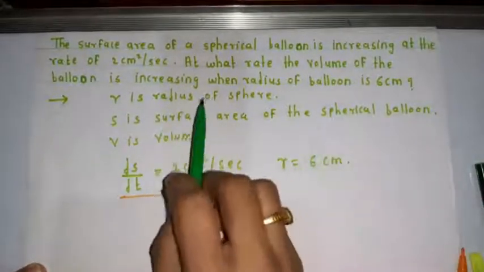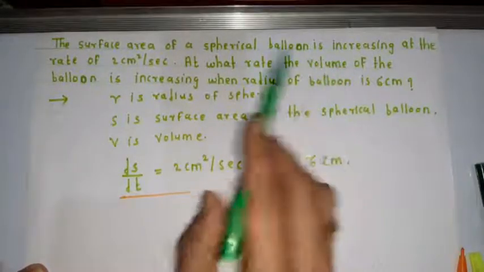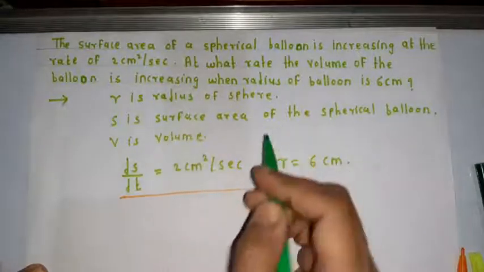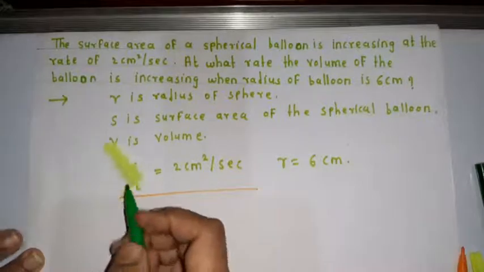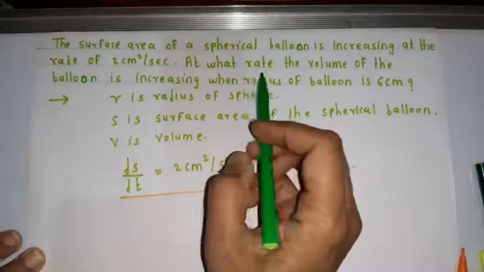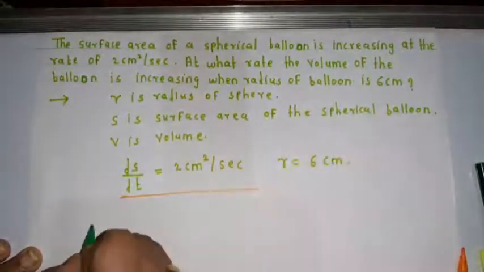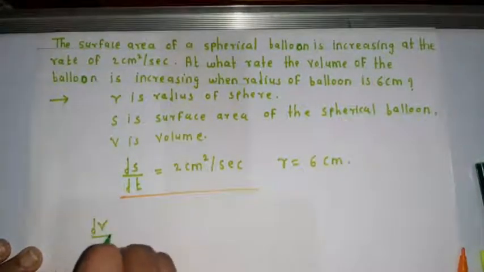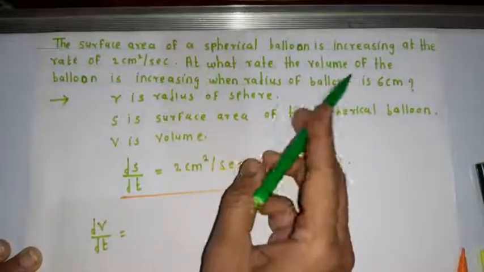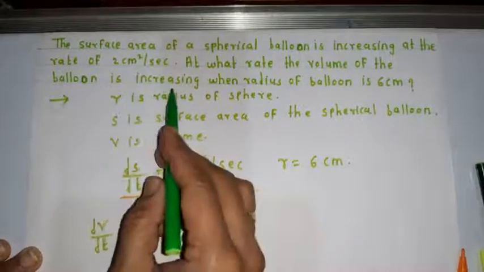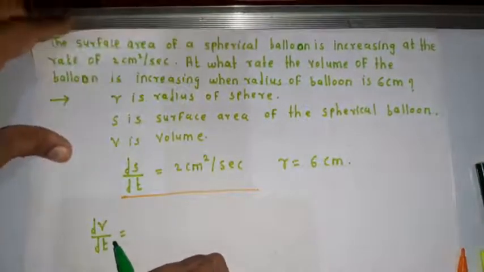Then what is the question? The question is to find at what rate the volume of the balloon is increasing. That means we have to find the increasing rate of volume, which is dv by dt.